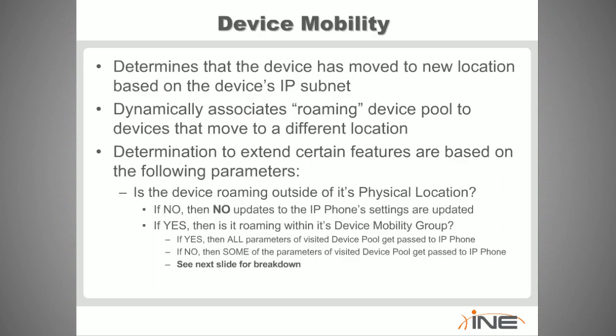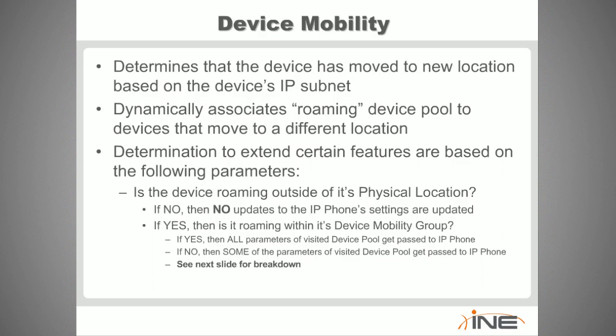But if it's on, and it is identified as a different subnet than its home subnet, however, at the device pool level, it's tied to the same physical location. So in other words, what might be a good example of this? Well, I'm looking out my window and I see another building across the parking lot in my same office complex campus.